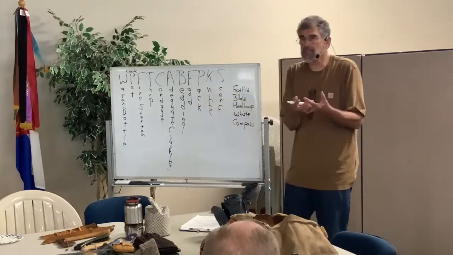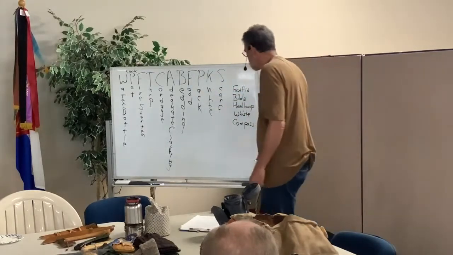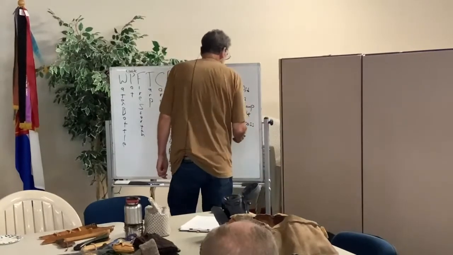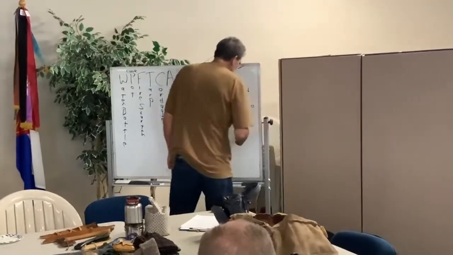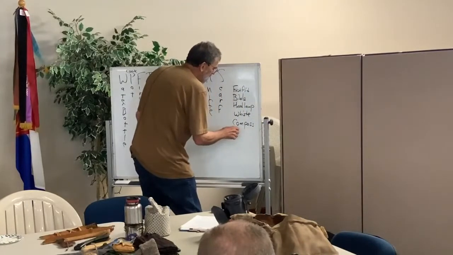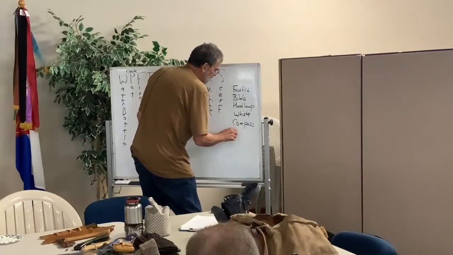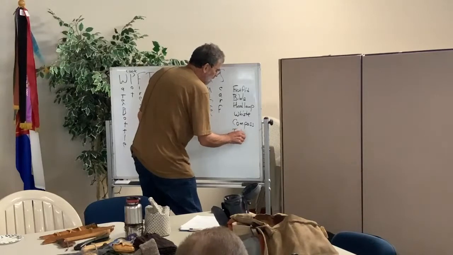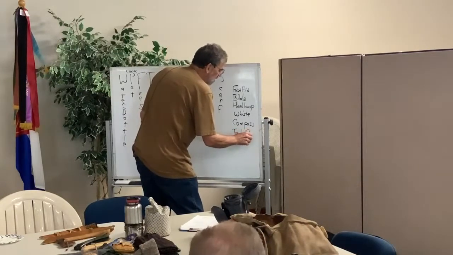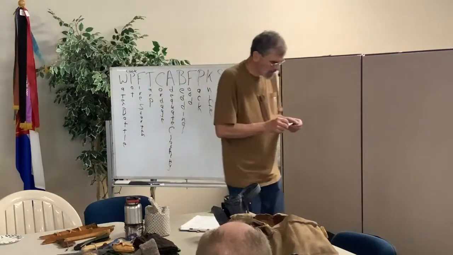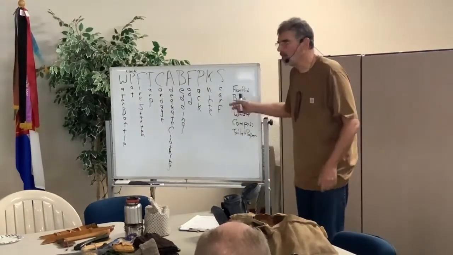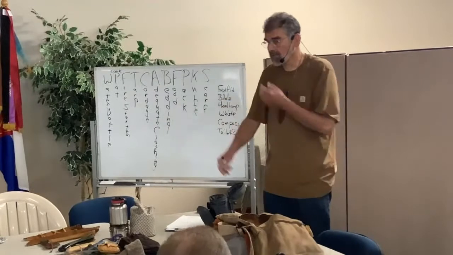Just the basics for compass is probably good enough for most of us. Maps are even more important than compass, I think, but that's a whole other topic. Compass and some toilet paper. So these are additional items that you might want, in addition to the essentials.